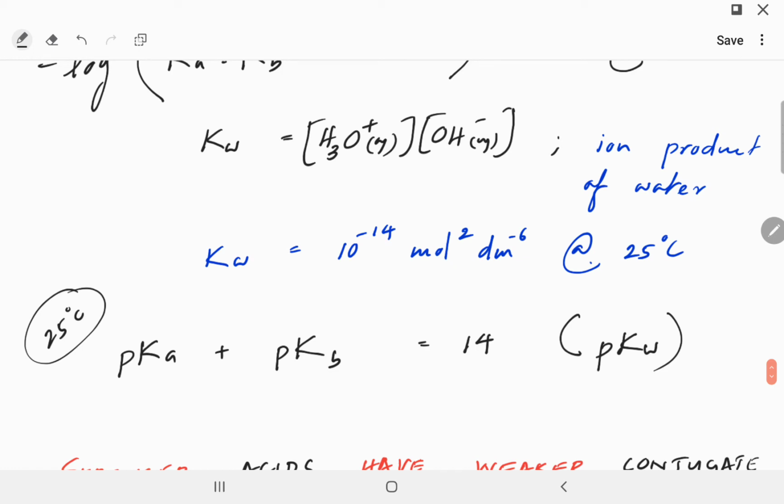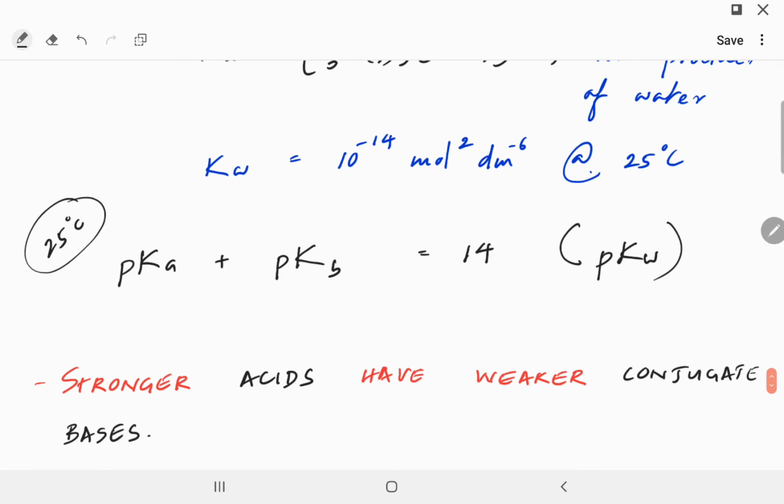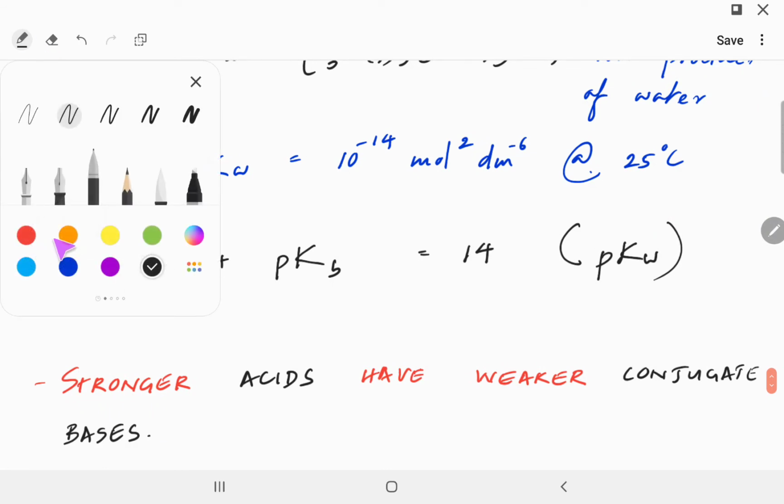Once again, the sum of pKa and pKb is a constant at constant temperature. That is an important discovery, so let's highlight it.